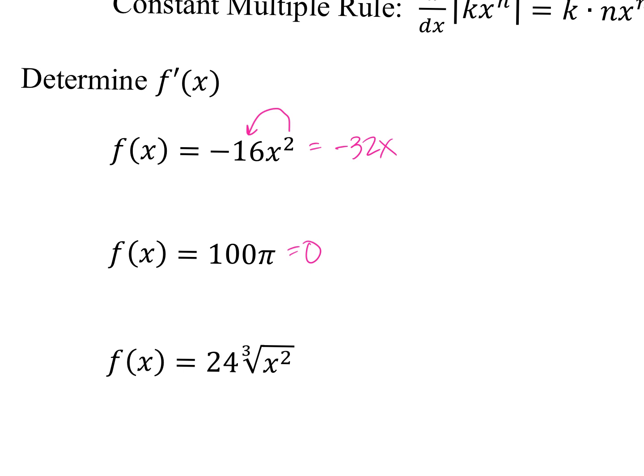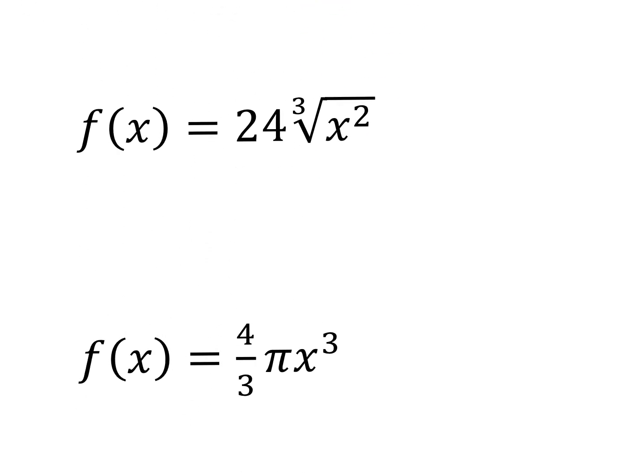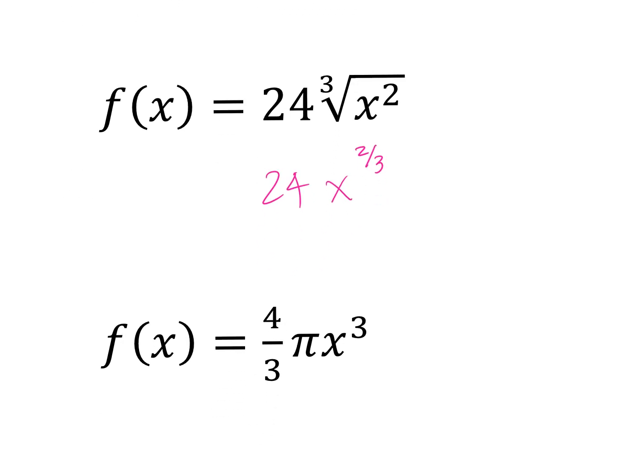Okay, this guy. How could I write this with an x? What's this written as an x to a power? 24 or x to 2/3. Yeah, power over root. Well said. When we've got that 2/3, all you've got to do is multiply it by what's in front.